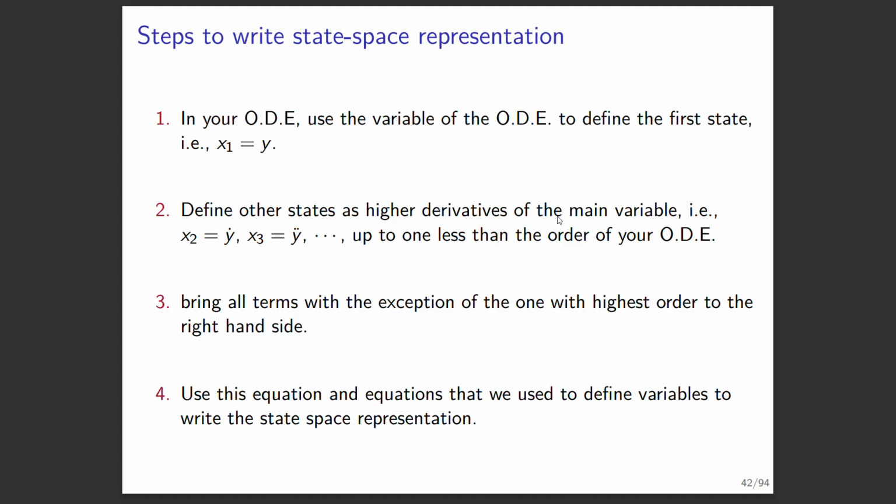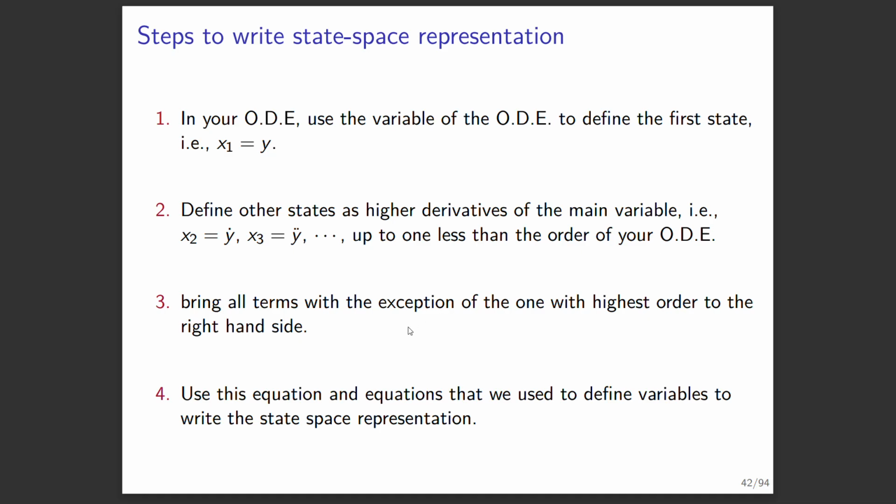So if your differential equation is a third order differential equation, you do that until y dot or y double dot, one less than the order of your ODE. We are going to see an example and it's going to be more clear what I'm saying.